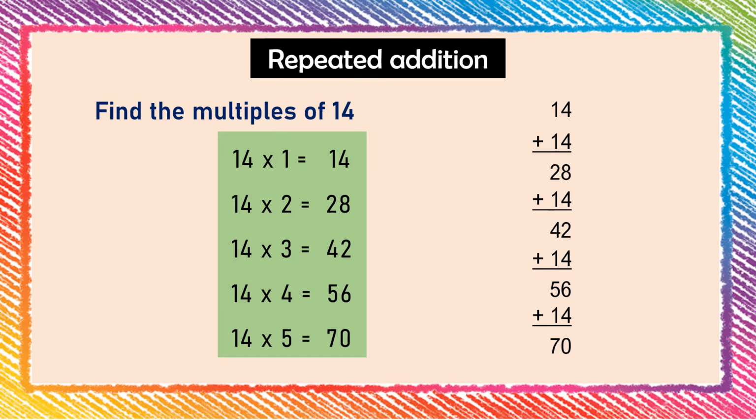You can continue the process to get the next multiples. So the multiples of 14 are 14, 28, 42, 56, 70, and so on.